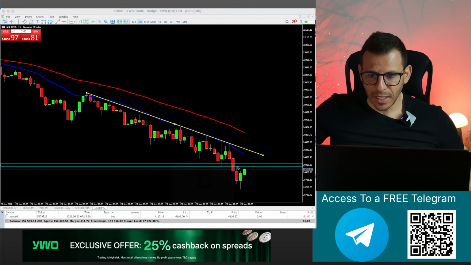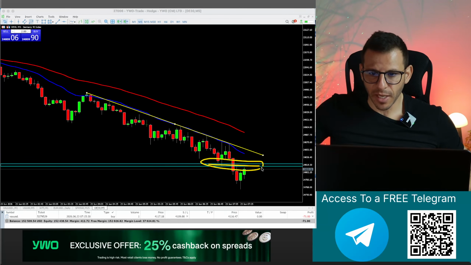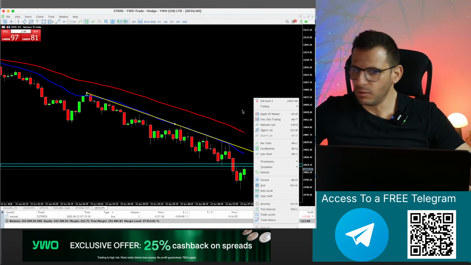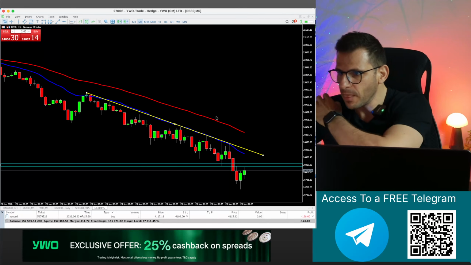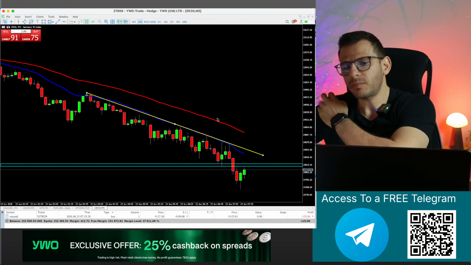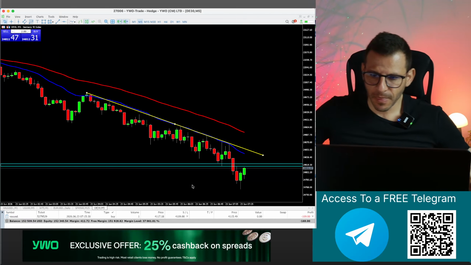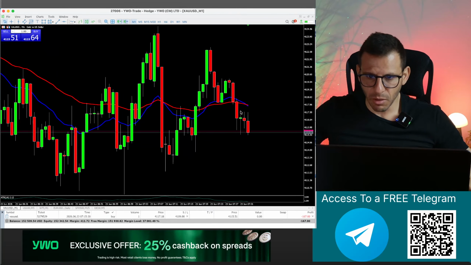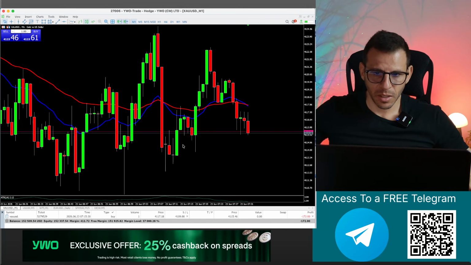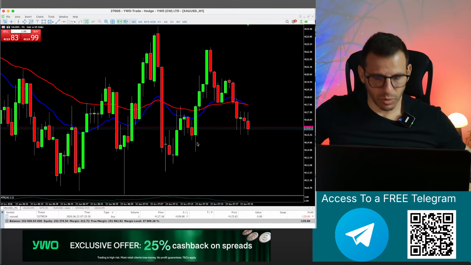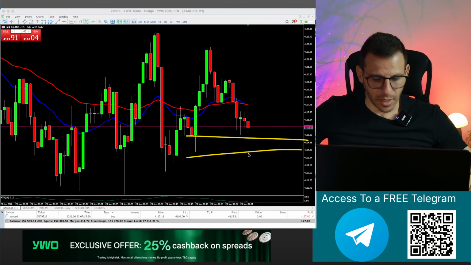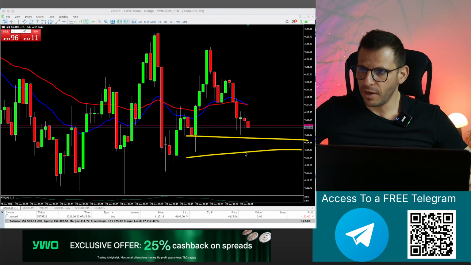But if we see rejection here, most likely we are heading down for a new wave to the downside, which will be perfect. My trade on gold is not going that well, so we'll see if the buyers will attempt to pick up some positions here.